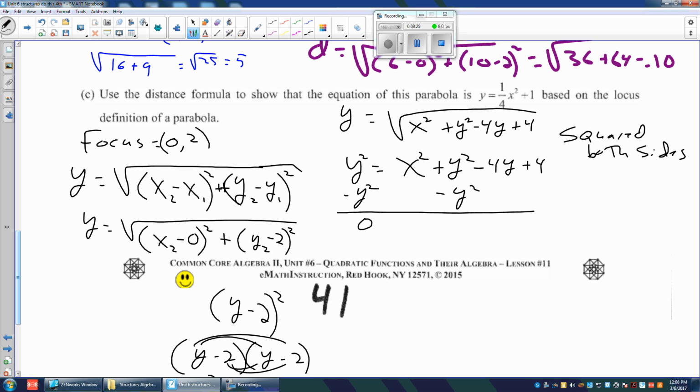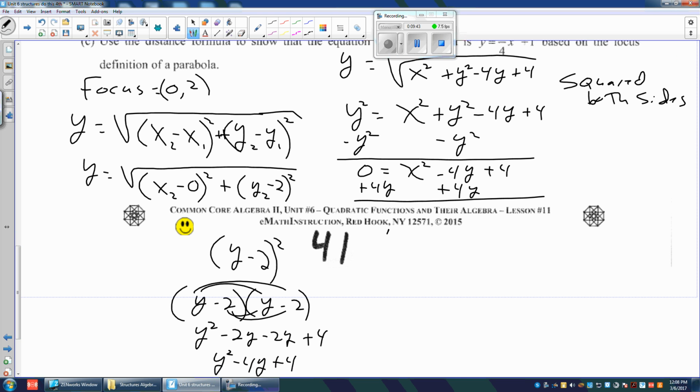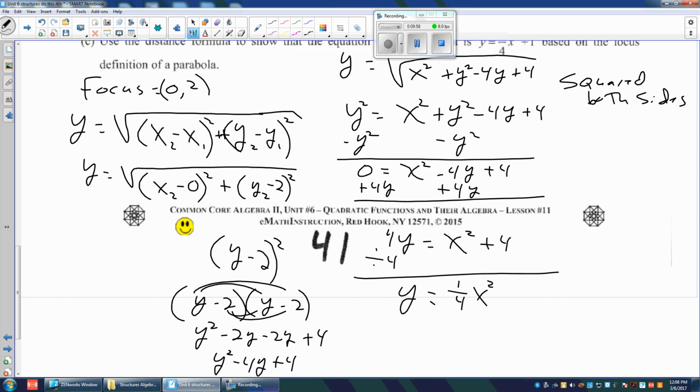So I have 0 equals x squared minus 4y plus 4. Well, get the y over there. Add 4y to both sides. I have 4y equals x squared plus 4. The only thing I have to do is divide by 4. And guess what? y equals x squared divided by 4, which is 1/4 x squared, and 4 divided by 4 is 1. We did it.